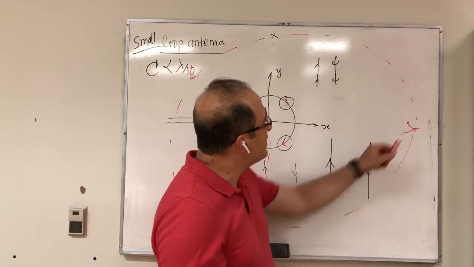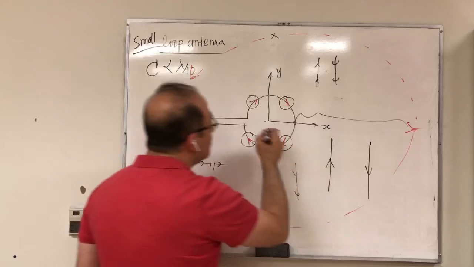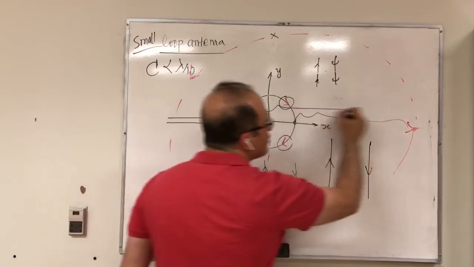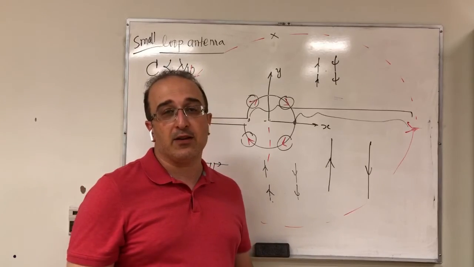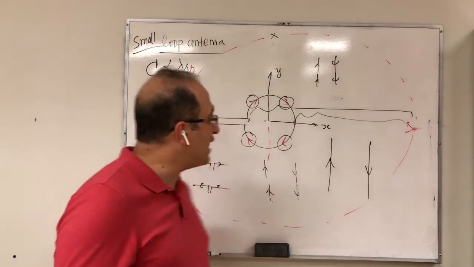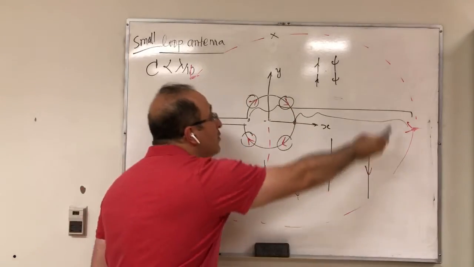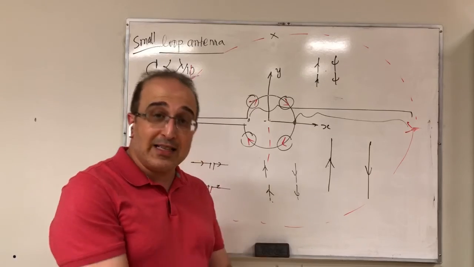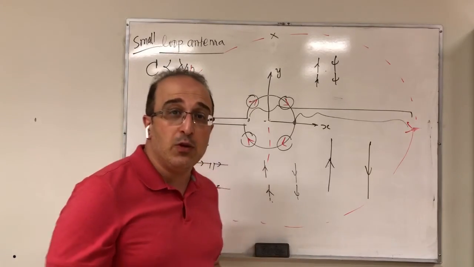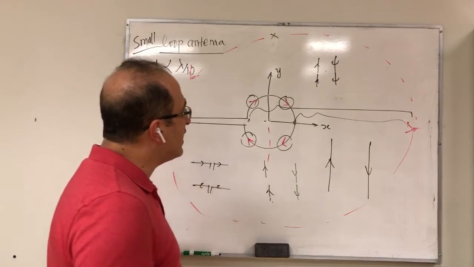Whereas in this case, the distance from this point to the observation point is different from the distance from the other point, so they cannot completely cancel the effect of each other. So that's the difference. That's why on the axis, it's complete cancellation, a null, but when you go around, you still get something. Again, this is not exact analysis. It's just an intuitive discussion about this antenna for better understanding it.